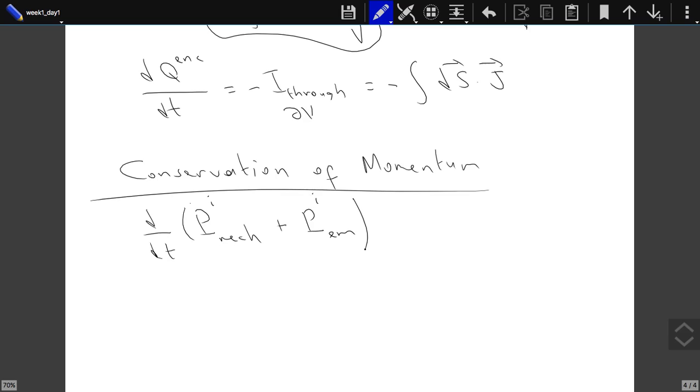So this should be equal to minus some surface integral. If I have a finite volume, I calculate the total momentum inside my volume. If it is changing, it should mean that there is some momentum flowing out of my surface. So I should be able to write it as a surface integral of, let me say, use the symbol T.